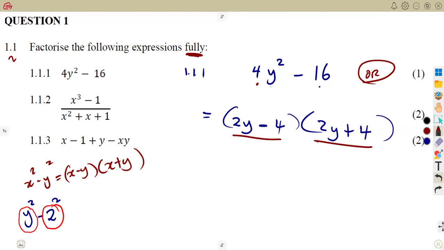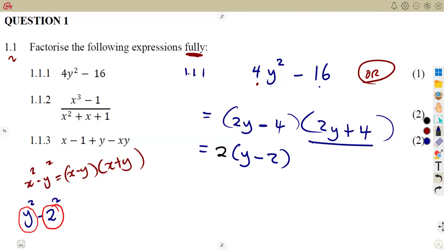In this other bracket, 2 is common. So you're supposed to factor out those terms which are common, or the number which is common. So in this bracket, as you can see that 2 is common, we can factor out the 2, meaning to say it is going to give us 2y divided by 2. That's y. Minus 4 divided by 2, that's a minus 2. Okay.